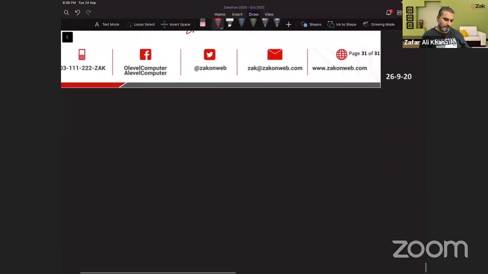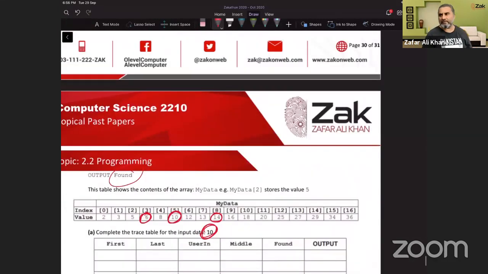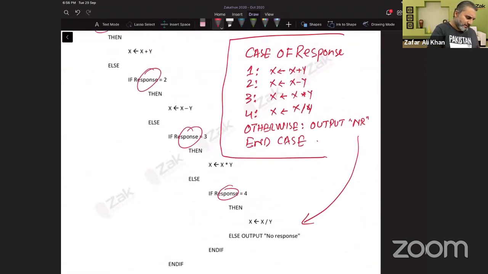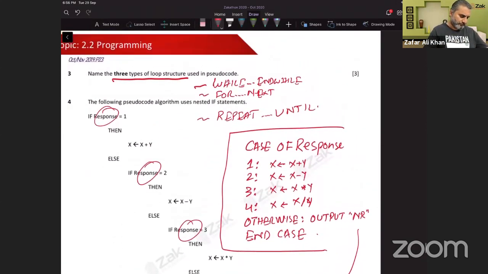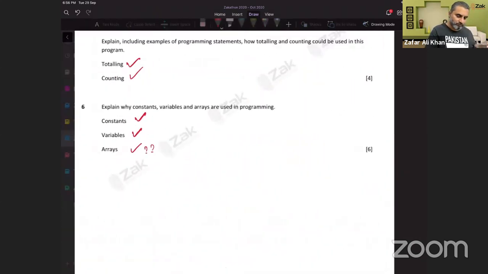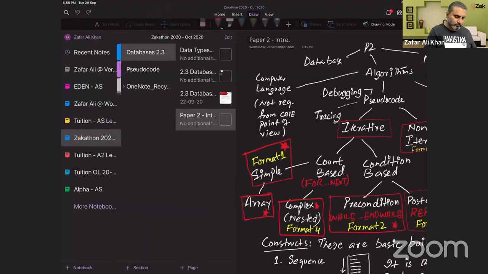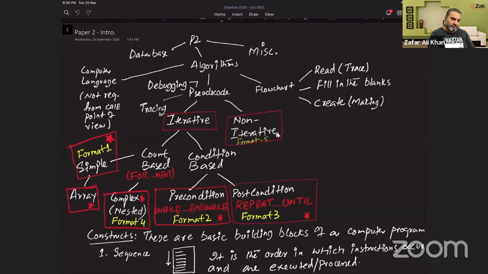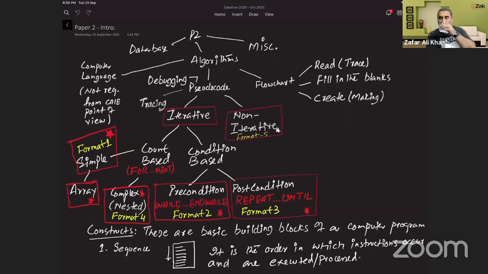Okay. So we discussed, and if there were any additional parts we discussed as well. Let's get back. So we have actually completed tracing and debugging.